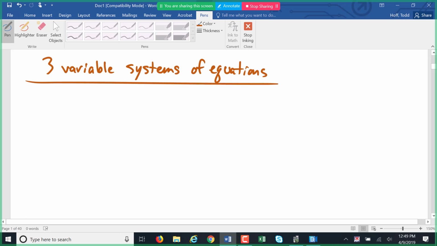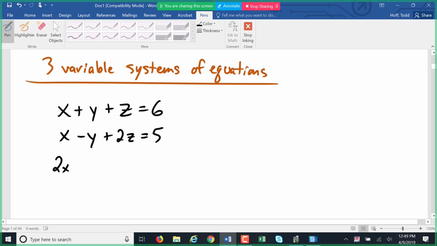So they might look something like this. To solve it, those methods we used before are all on the table.